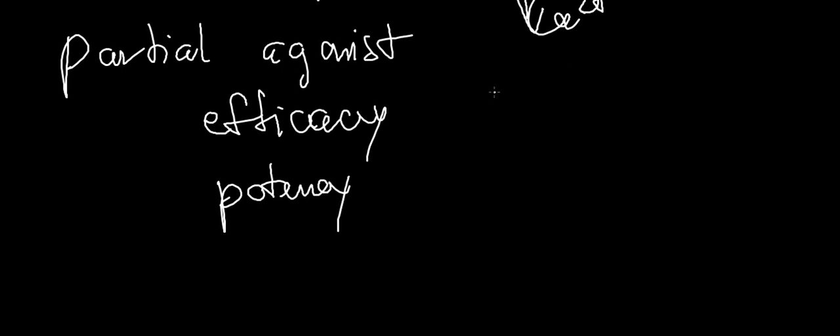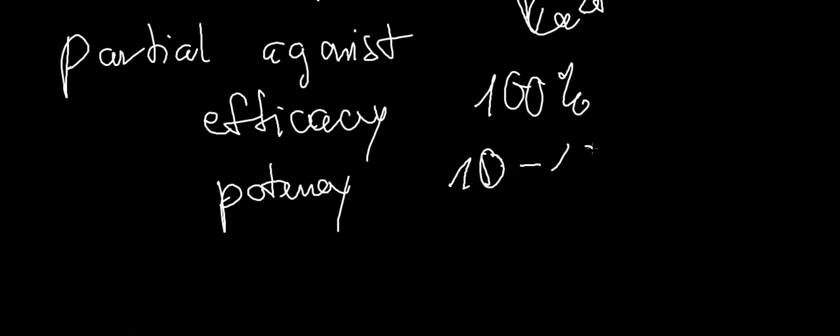For example, the full agonist may cause 100%, and the partial agonist may just go, for example, from 10 to 99%. So they may be partial agonists. This is very easy to understand.